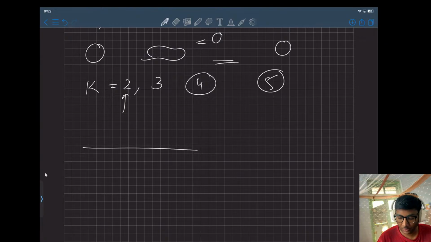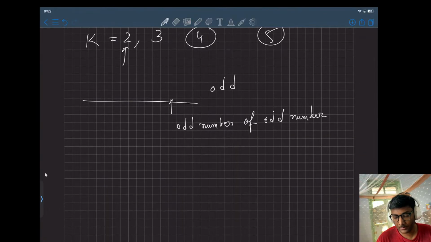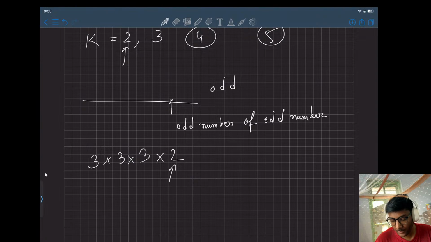Now, let's say the product is odd. That means it has odd numbers. Let's say I have 3 times 3 times 3 times 2 maybe. Even if one even number is present, then that will be done.